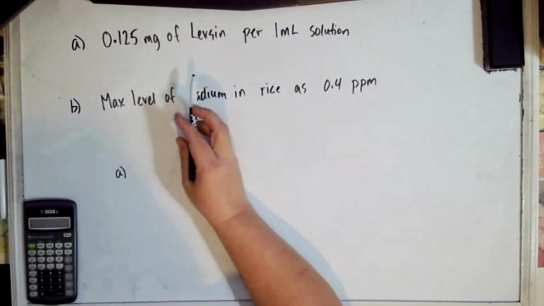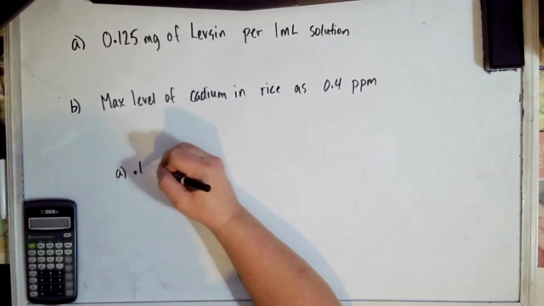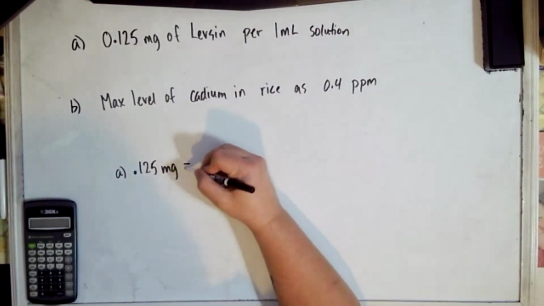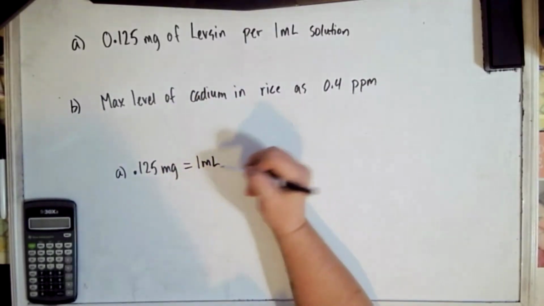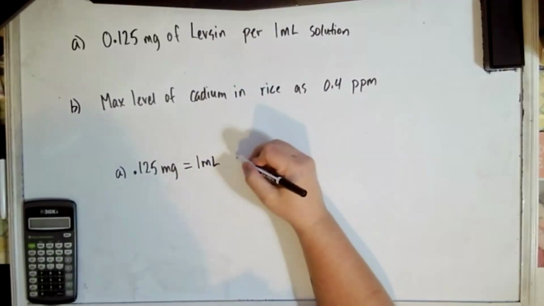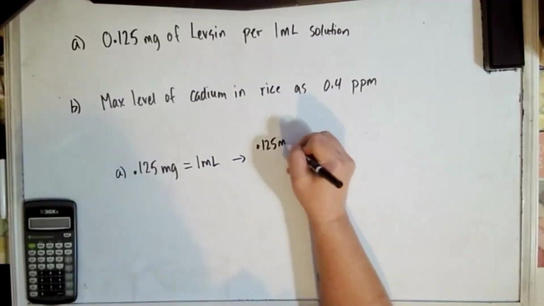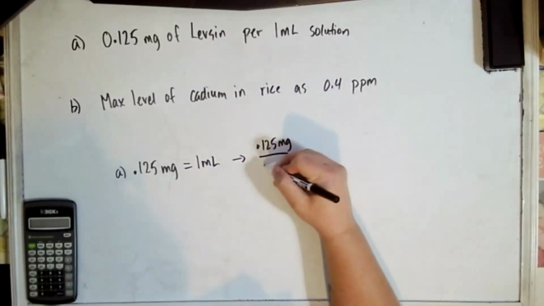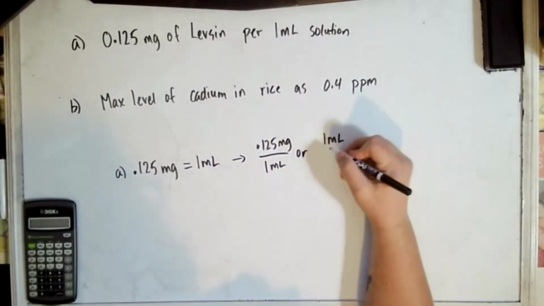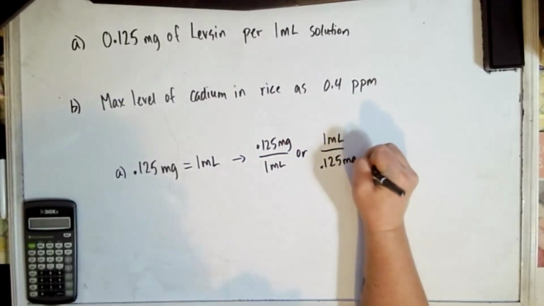with our 0.125 milligrams of Levsin per 1 milliliter of solution, our equality is going to look like this. 0.125 milligrams equals 1 milliliter of solution. And then our corresponding conversion factors would be 0.125 milligrams over 1 milliliter, or 1 milliliter over 0.125 milligrams.